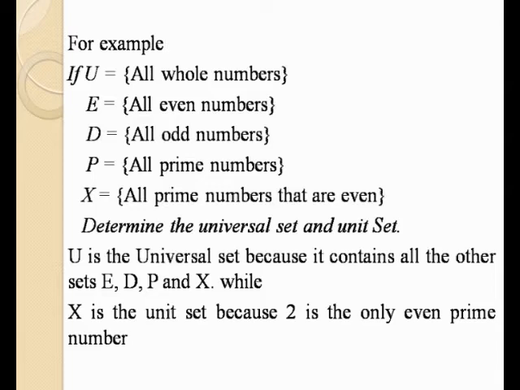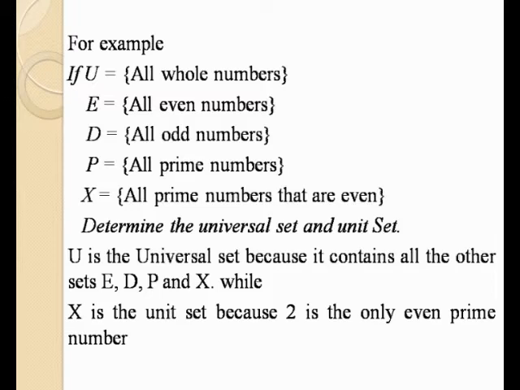U is a universal set because U contains all the other elements of E, D, P, and X. Even numbers are whole numbers, odd numbers are whole numbers, prime numbers are whole numbers, and prime numbers that are even also are whole numbers. Then we can easily say that since we can find E, D, P, and X in U, then U is our universal set, while E, D, P, and X are subsets of U, and U is a superset.